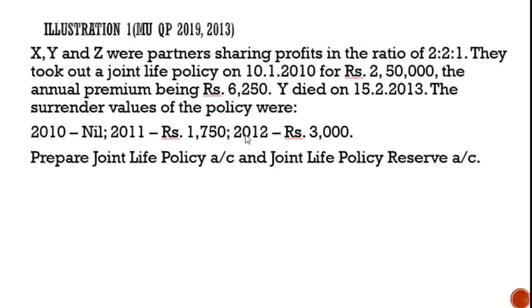Now we'll understand the given problem. First, we'll see what relevant information is given, that is X, Y and Z. So, there are three partners and their profit sharing ratio is given 2:2:1. That means 2/5, 2/5 and 1/5.